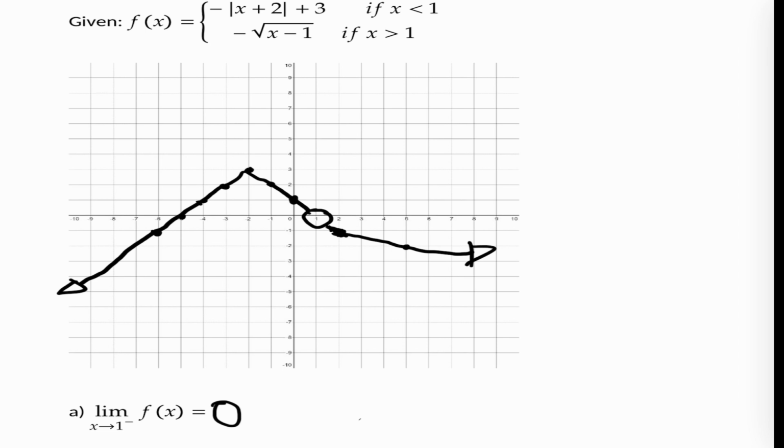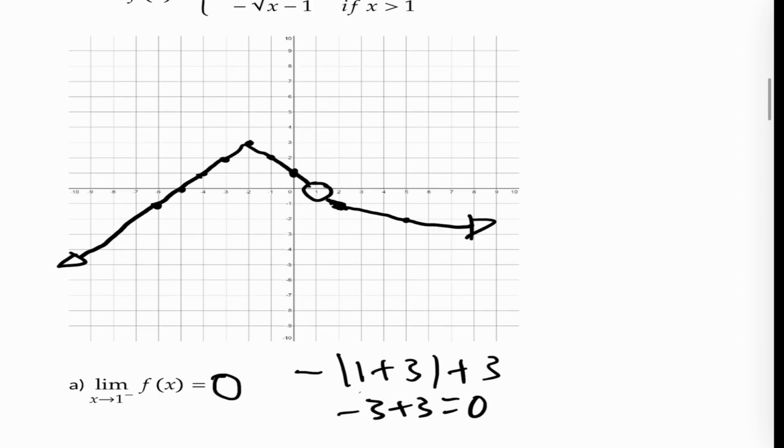Since we're approaching from the left side, we want to use the domain of x less than 1, so we'll be using this equation. Let's plug in 1 to that equation. This will get us 0. This pretty much fact checks our answer from the graph.